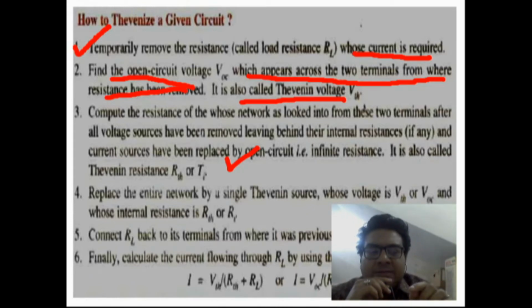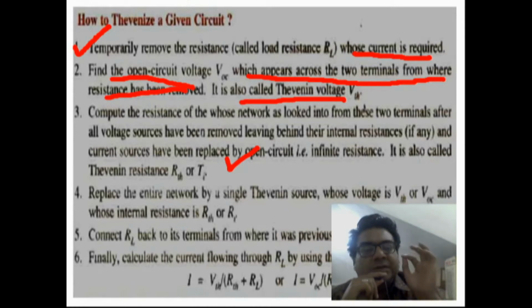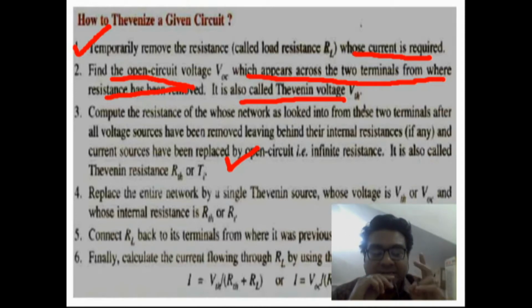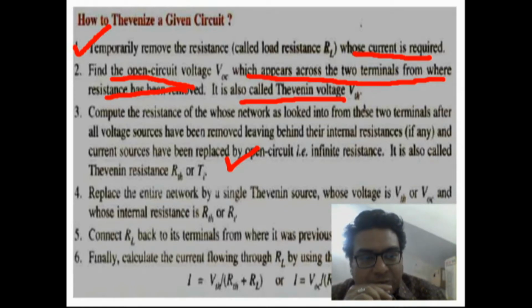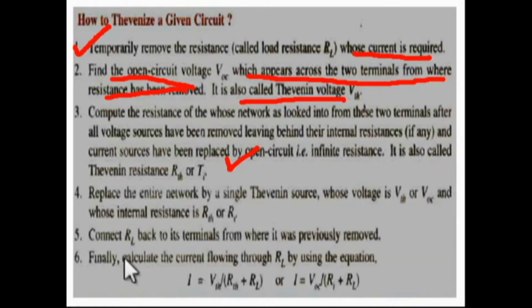And if the source is a current source, an ideal current source has internal resistance equal to infinite. So guys, we will replace that current source by open circuiting the terminal. This must be remembered. So guys, next step you can see over here, connect RL back to its terminal from where it was removed.